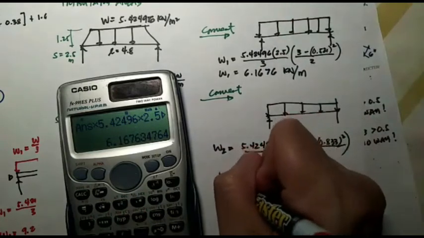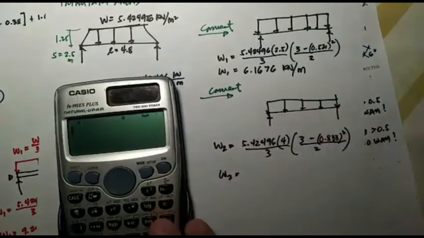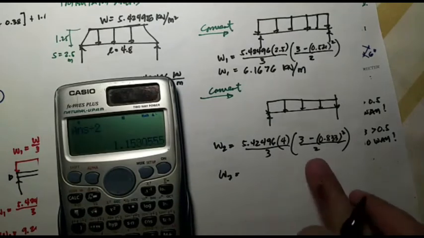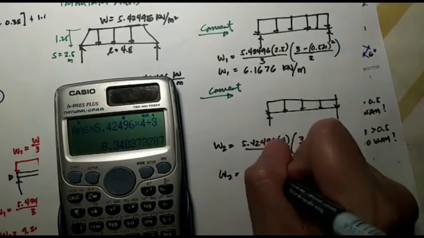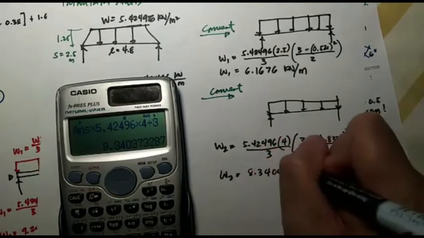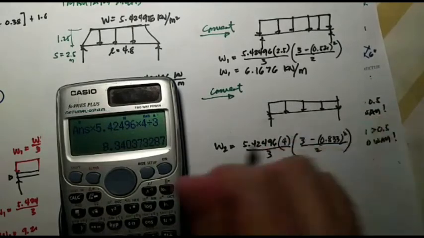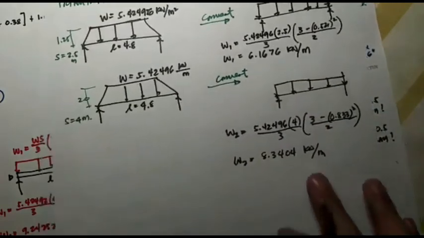While this one, W2 natin dyan is 3 minus 0.833 squared divided by 2. Okay, so times 5.42496 times 4 over 3. 8.3404 kilonewton per meter. Okay?